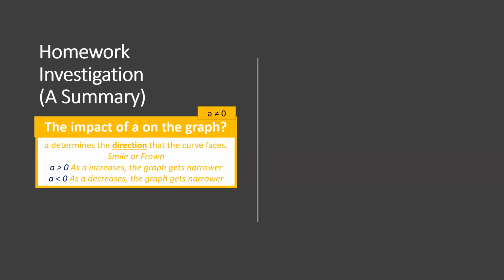When A is negative, when you have a frown, your graph gets narrower when A decreases. So minus 2AX squared plus Q will have a narrower grip than minus 4A squared, right?